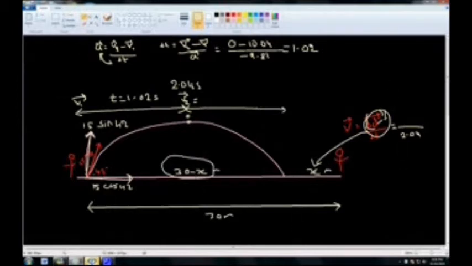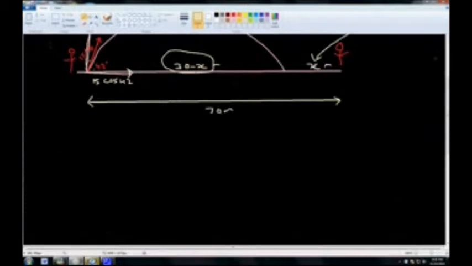And how can we find this? As I said earlier, to find the distance, you just use this formula, which is very famous in most of the projectile motion problems. Delta D equals V1 delta T plus half a T square.